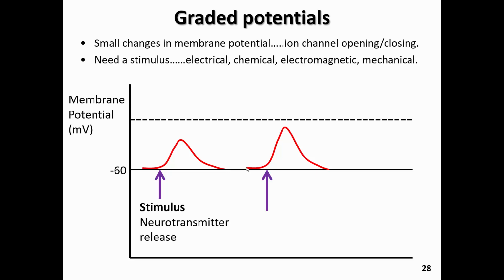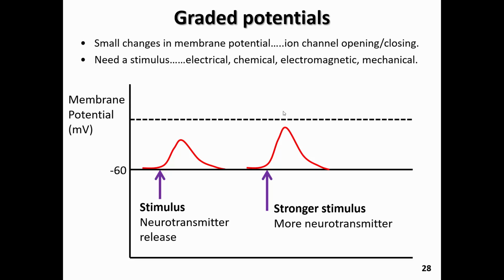And in this scenario, we're looking at the exact same neuron, but what we see here with the longer arrow compared to the first one is that we have a stronger stimulus, and this could be generated by more neurotransmitter released by the preceding neuron, and that's going to cause a proportional, greater movement towards the positive direction.